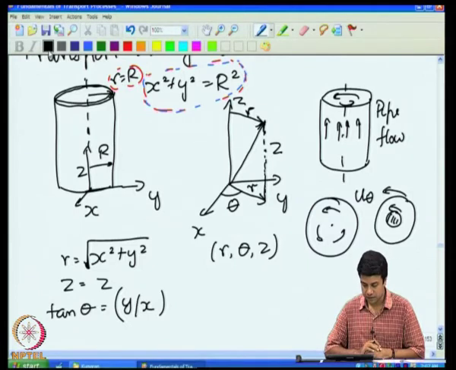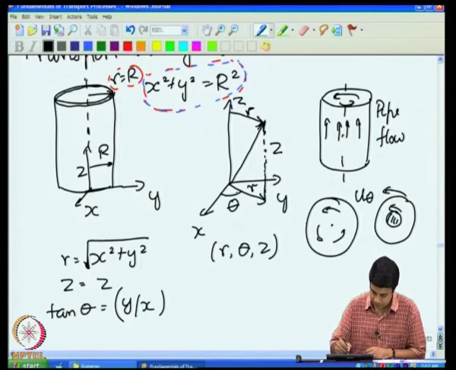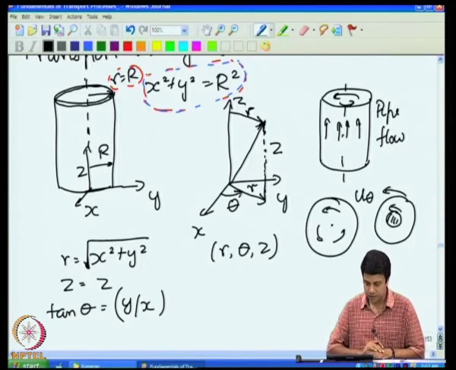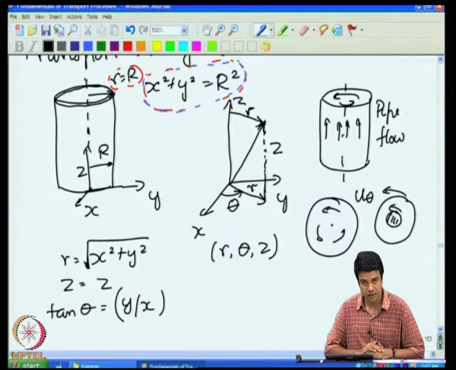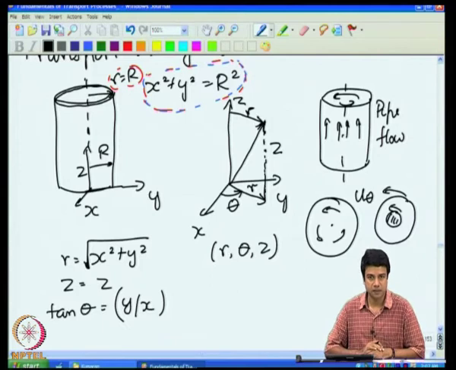And so, you have two coordinates, one is the z coordinate, the distance along the axis, the r coordinate, the perpendicular distance from the axis, and there is another coordinate theta in this diagram, which is basically the angle made by the radius vector with the x axis. This is the convention that is adopted in cylindrical coordinate system. It is usually taken as the angle made by the radius vector with the x axis.